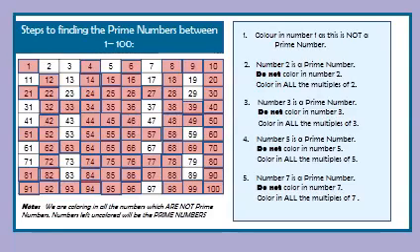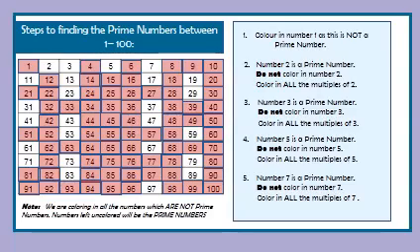The same thing, I'm going to keep 3 because it's a prime number, but I'm going to color all the multiples of 3. And the multiples of 3 are 3, 6, it's already crossed out, 9, 15, 21, 25, 27, 33, 36, 39, and 42, it's already colored, 45.